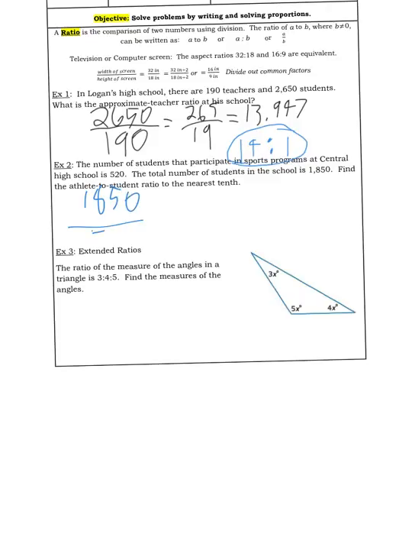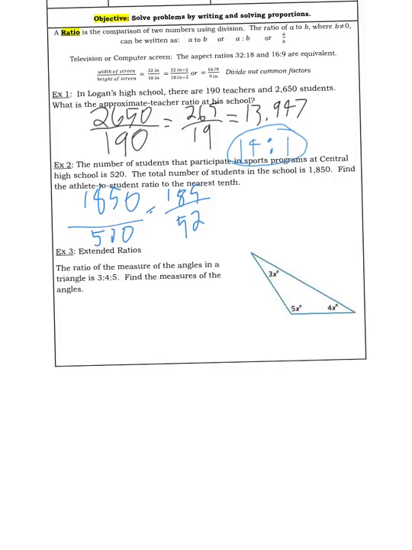We got 520 athletes. Alright, let's type this in. Simplified fraction. Well, that's not going to simplify that much. 185 over 52.